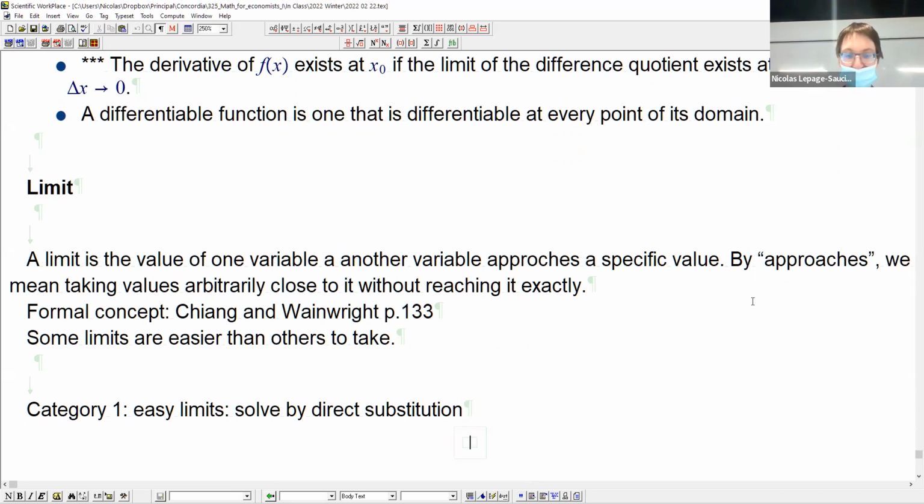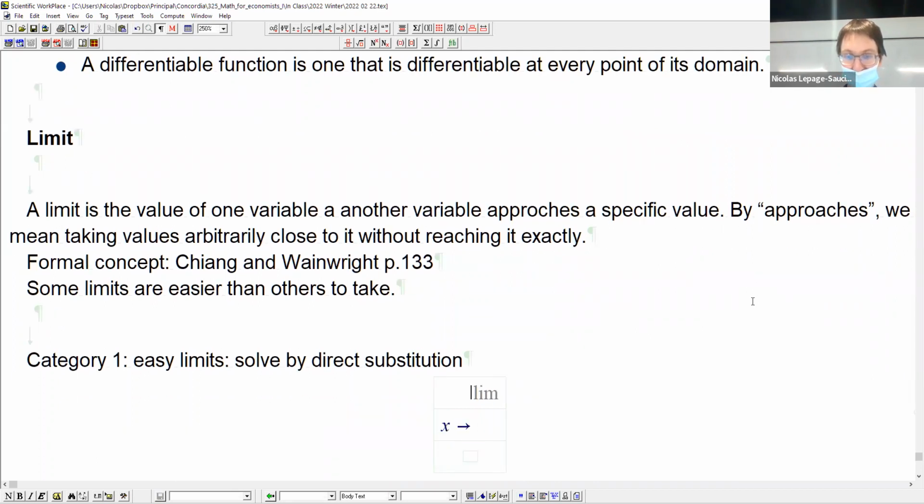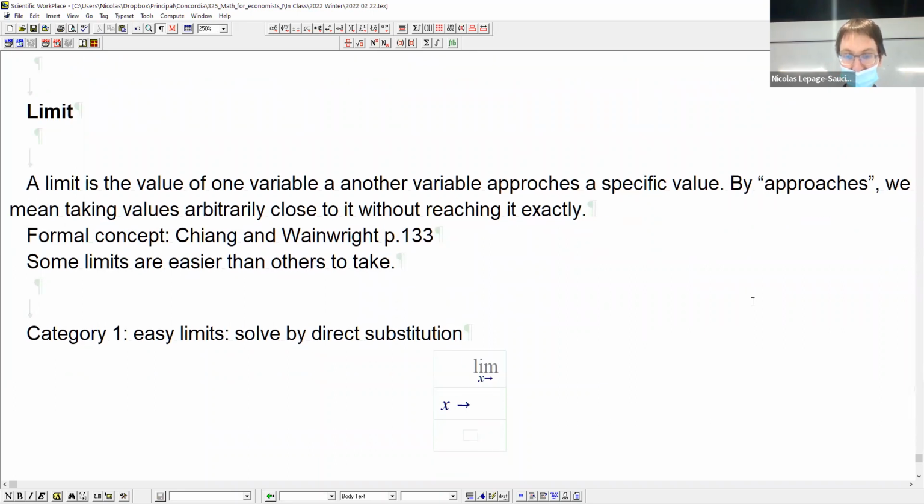So for instance, the limit when x goes to 3 of x squared plus 1, or x squared plus x over x plus 1. You can always check whether you can just directly substitute. And if you can, then you're all good to go.